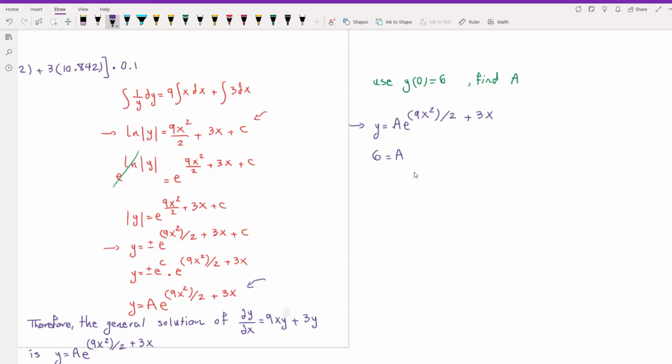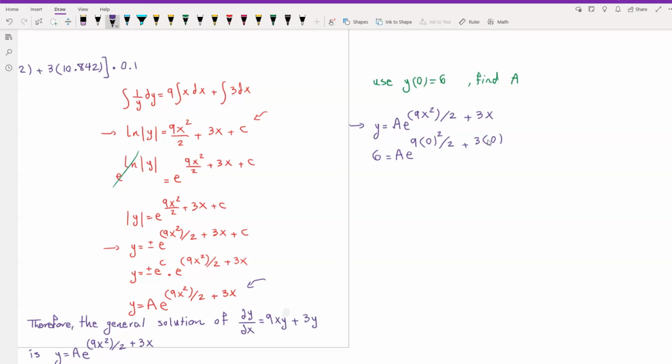And that is equal to a times e power 9x divided by 2 plus 3x, where x sub 0 is 0.